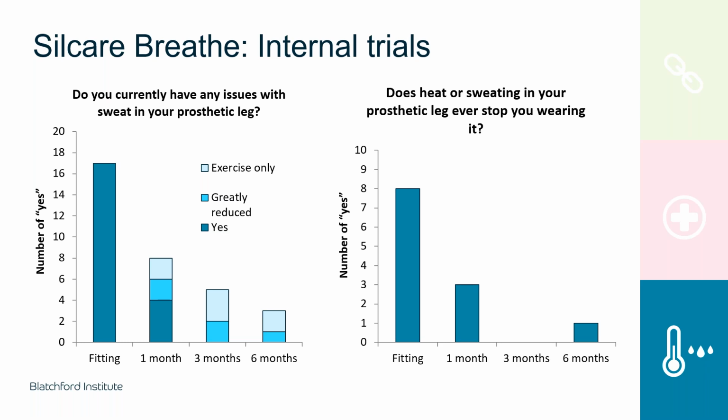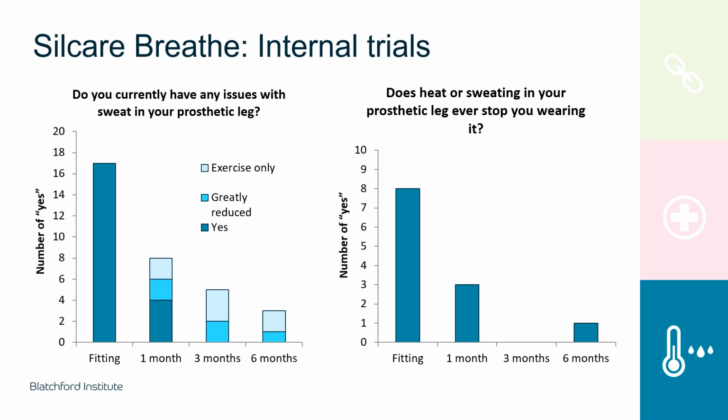And after 1 month, just three of them were reporting the same issue. So it meant that 5 of the people had definitely had a benefit to having the sweat management technology. At 3 months, there were no issues with sweat.